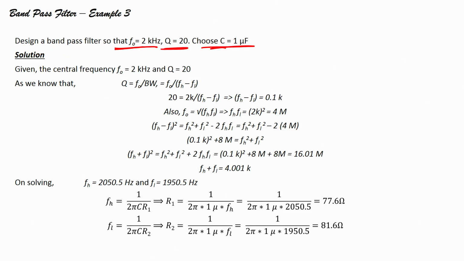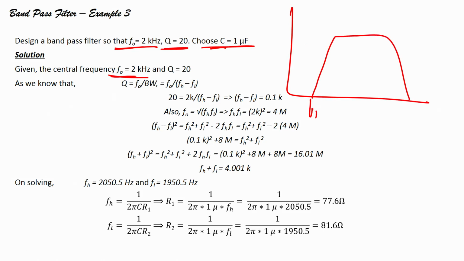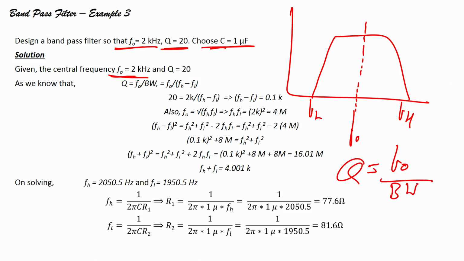In this case the central frequency is FO. So, what is FO? See, central frequency. You have FL, FH, and this will be the central frequency. The quality factor is FO divided by bandwidth.